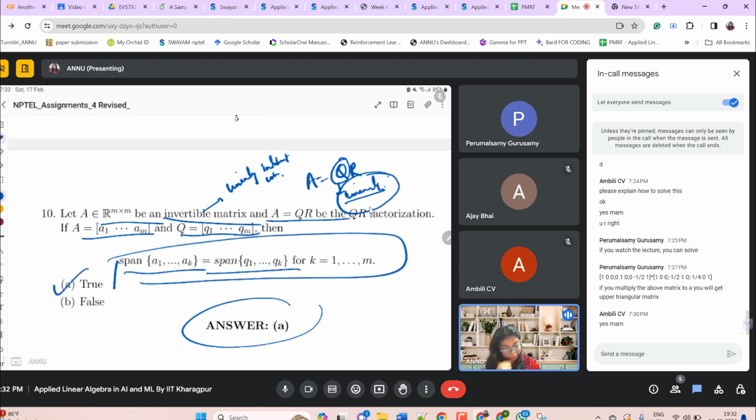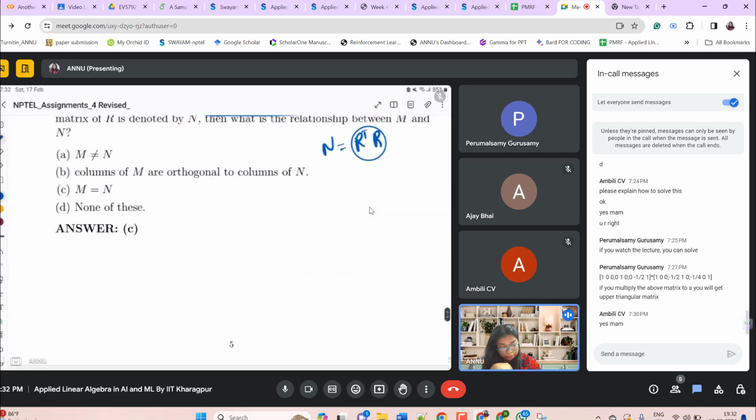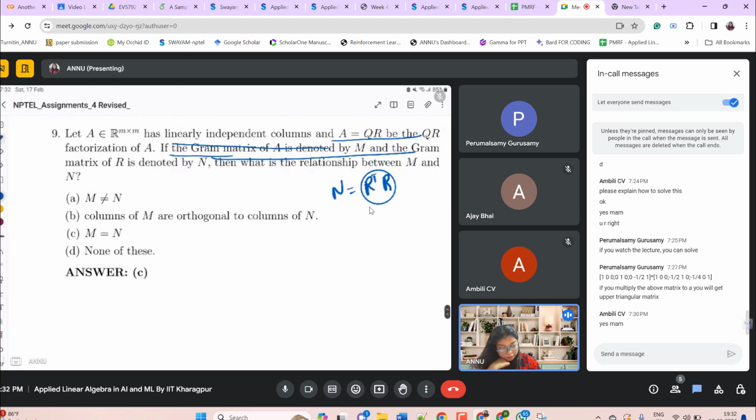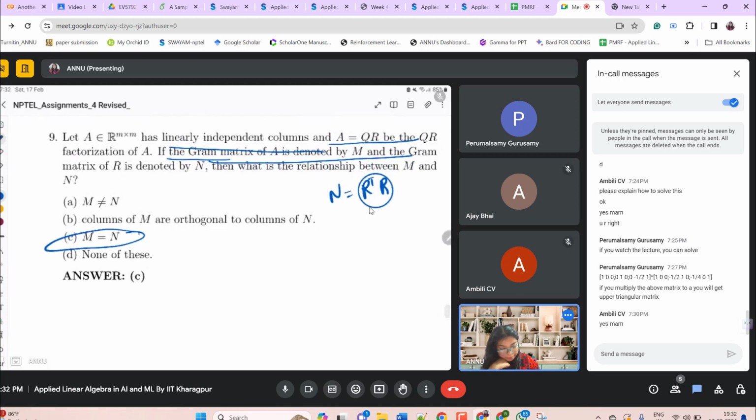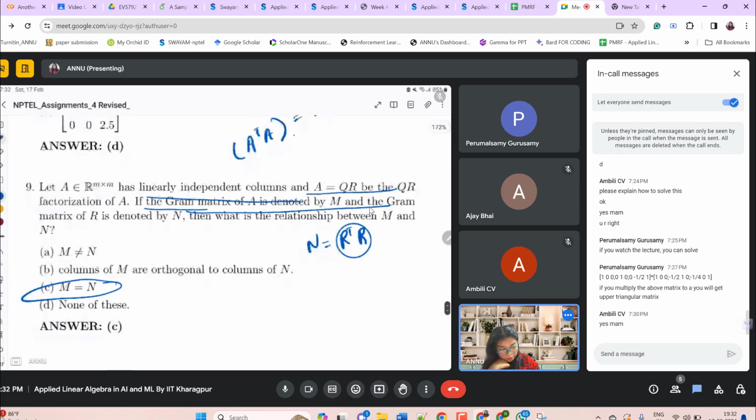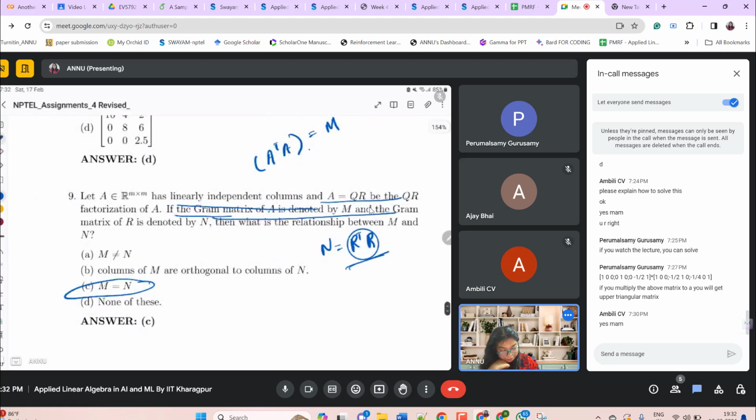In QR factorization, we have to make sure that this should be equal, otherwise we cannot do the QR factorization itself. We are writing the matrix as an orthogonal matrix multiplied by an upper triangular matrix. So I think this question is clear. The answer is M into N, the same fundamental, because this is a Gram matrix.